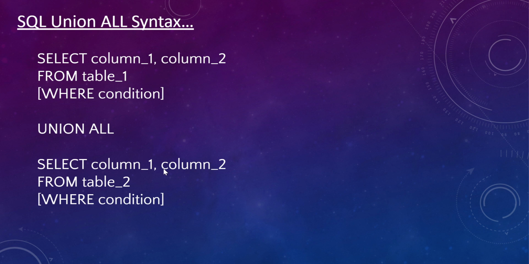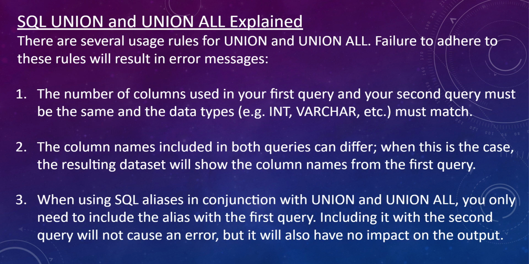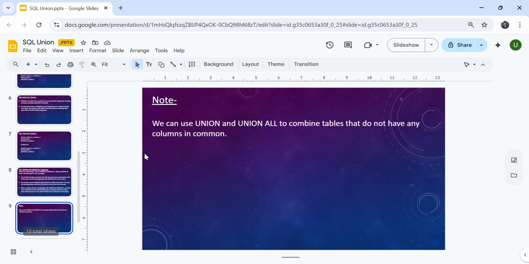Now in the final result set you will get the name of the column as C1, and the C2 will have no impact on the final result set. So you either put it or you don't put it, the result will be the same. So this is about the different rules.